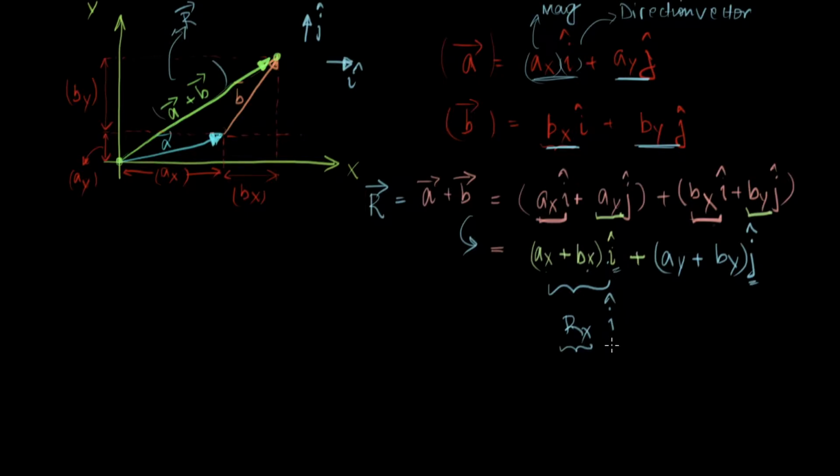That means this is the movement, the length in the x direction for the vector r oriented in the space. And this term here is the movement in the y, so that would be r sub y j cap. So let's try to confirm whether this is the case. Looking back at our diagram, we have the resultant vector of A plus B drawn in this manner. Let me change the color.